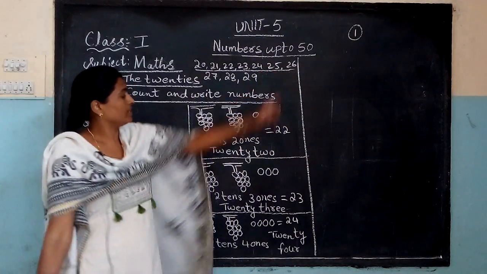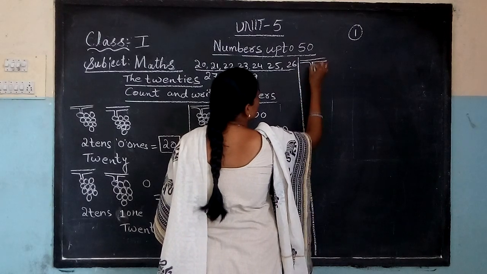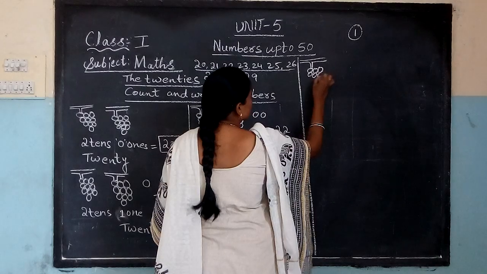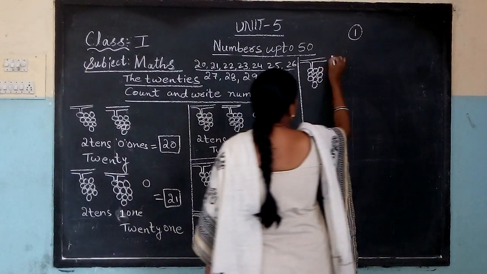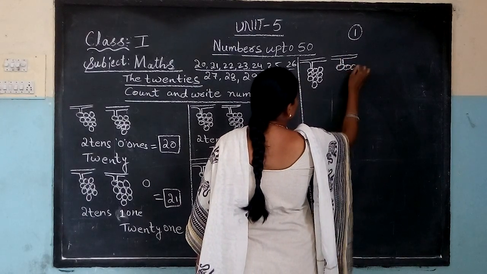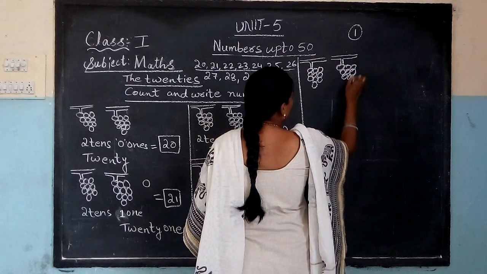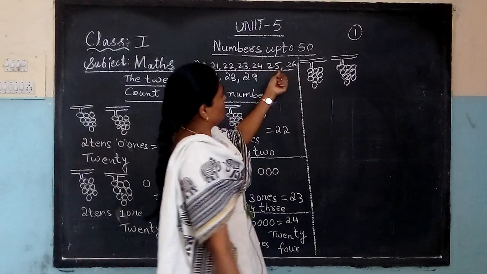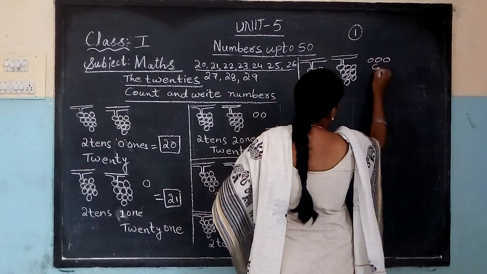After 24, 25. 1, 2, 3, 4, 5, 6, 7, 8, 9, 10. 1, 2, 3, 4, 5, 6, 7, 8, 9, 10. 20 completed. How many singles do you have to take? 1, 2, 3, 4, 5.